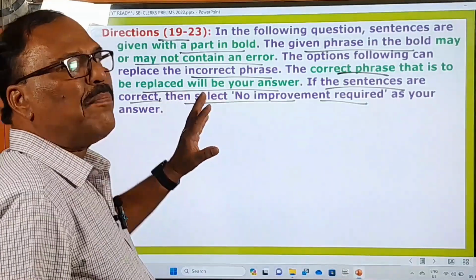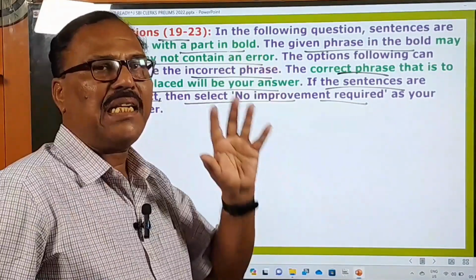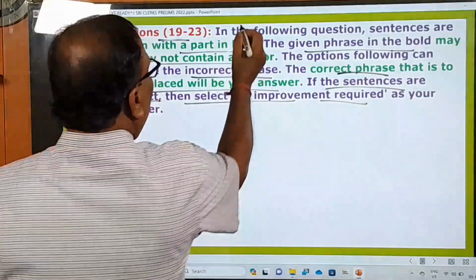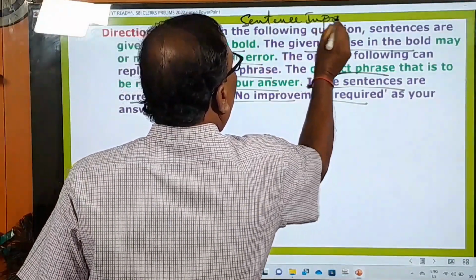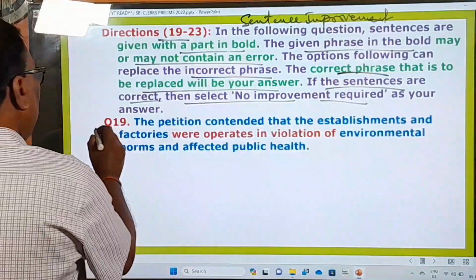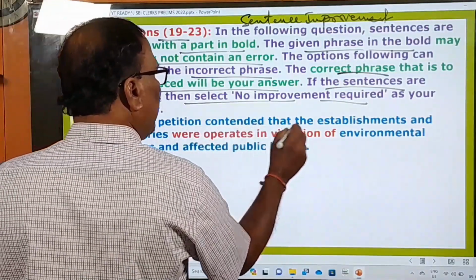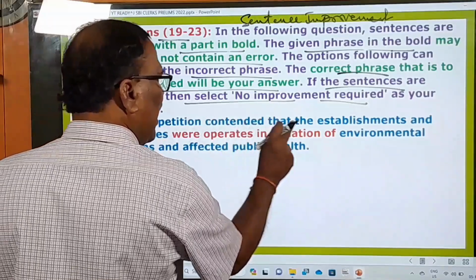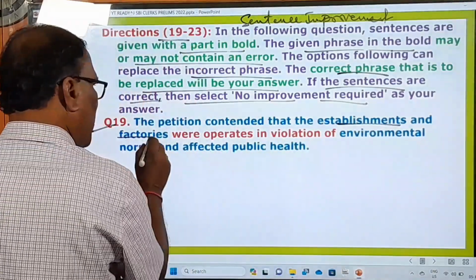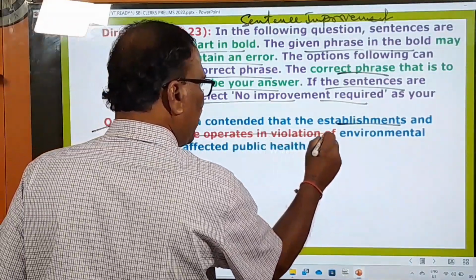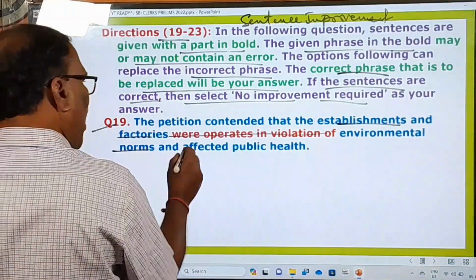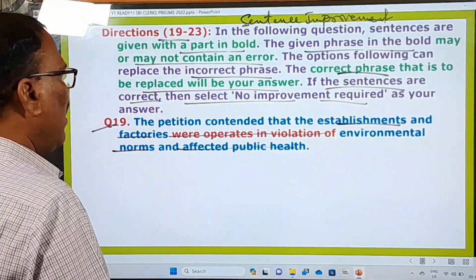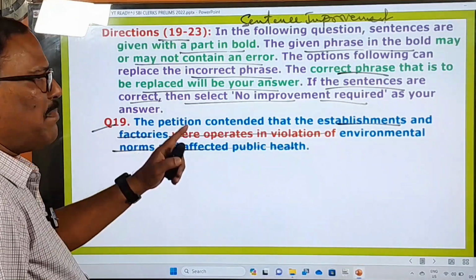So it is sentence improvement. After improvement, the 19th one is there. The petition contended that the establishments and factories were operate in violation of environmental norms and affected public health.